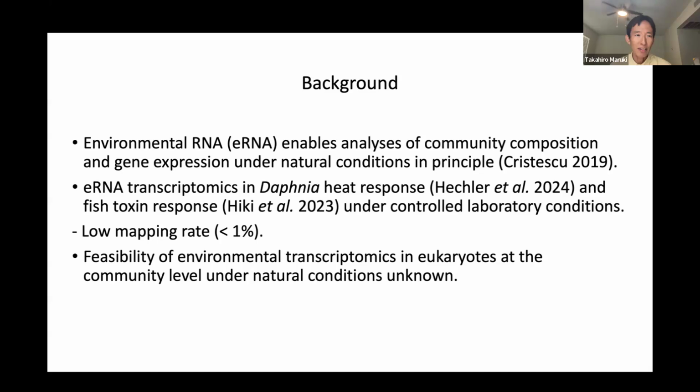Recent studies carried out eRNA transcriptomics in Daphnia heat response and fish toxin response under controlled laboratory conditions. However, the mapping rate was low, less than 1% in both of these studies, and the feasibility of environmental transcriptomics in eukaryotes at the community level under natural conditions remains unknown.